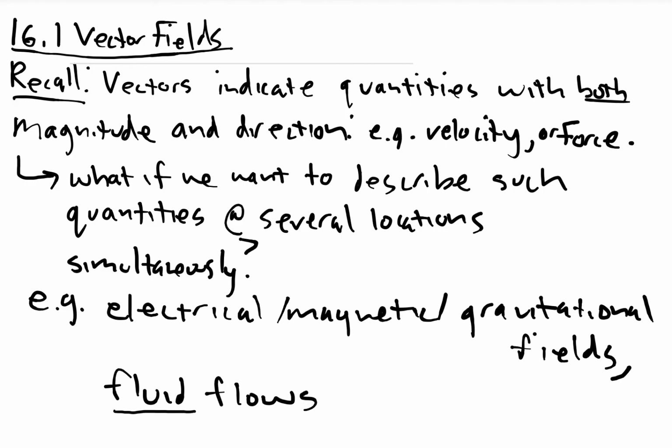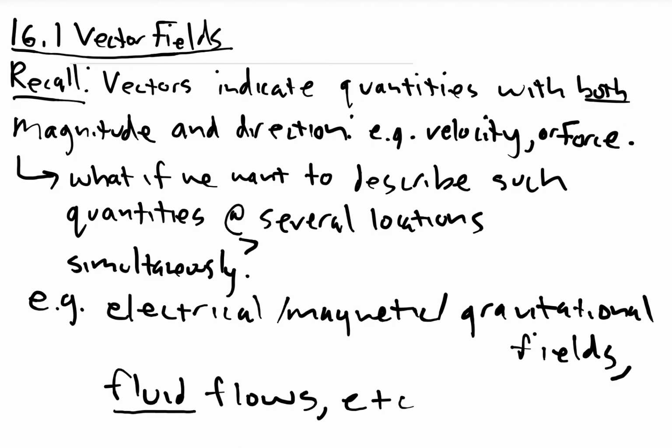That could be something that we would want to examine with a vector function as well, because again, depending on what position we're at, the wind might be doing something different or the currents might be doing something different.